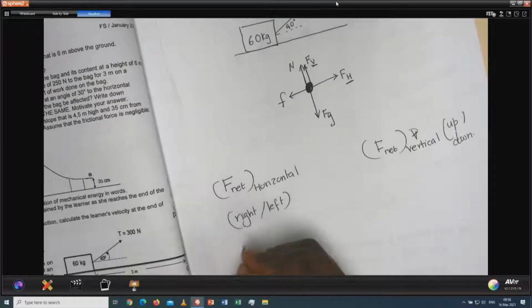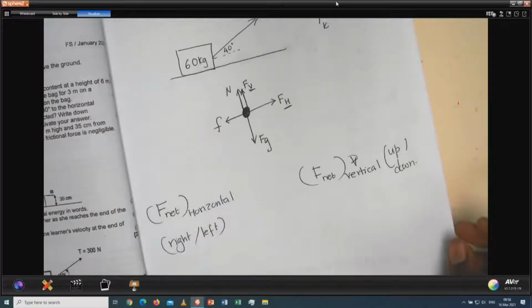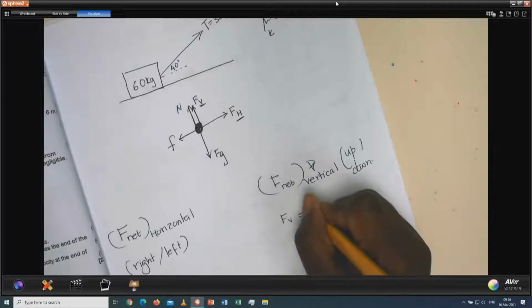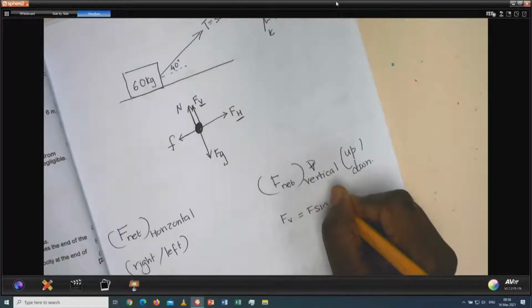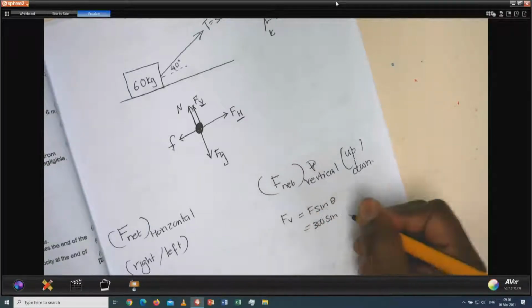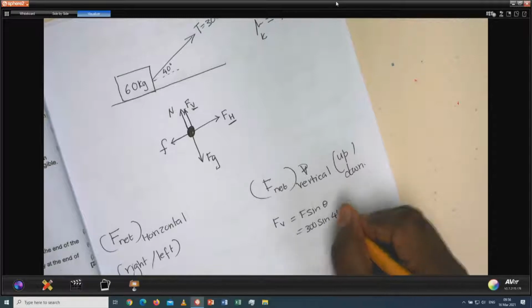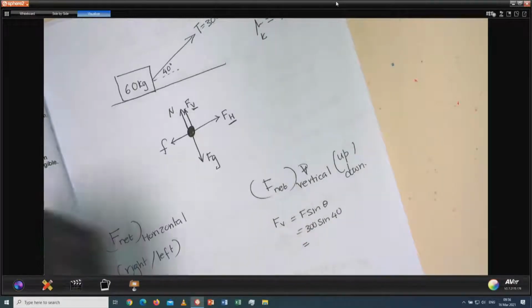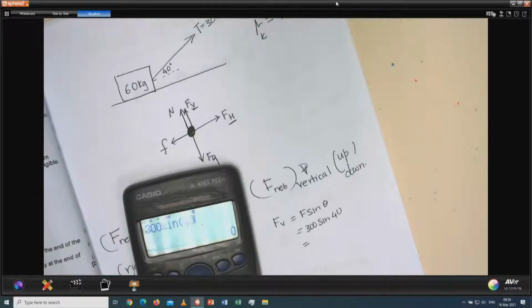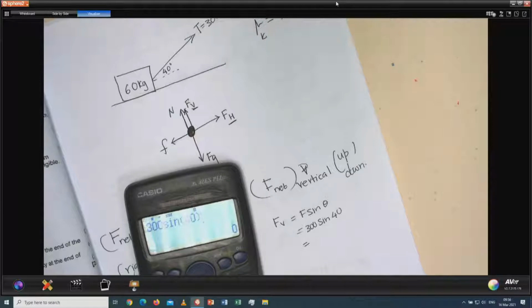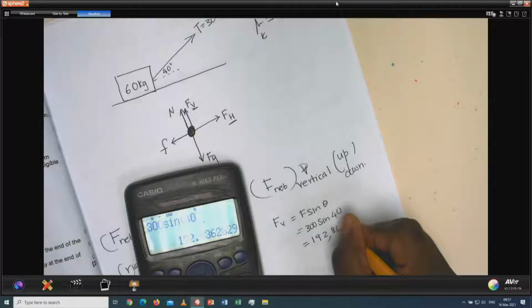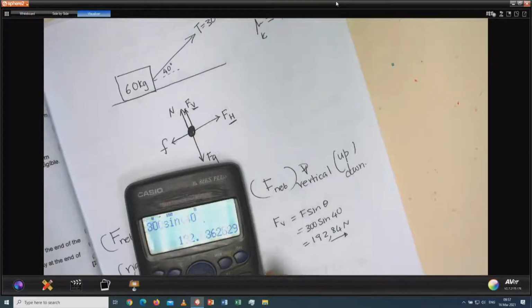FV is equal to F sine theta, which is 300 sine 14. That gives us 192.84 newtons.